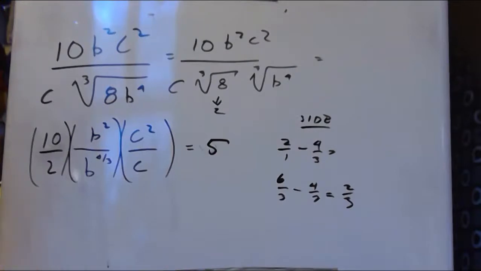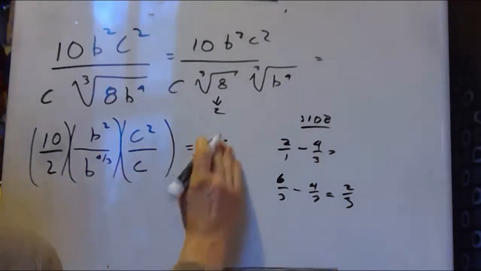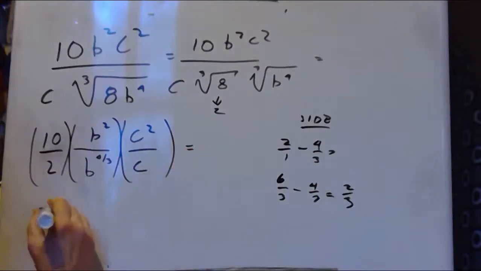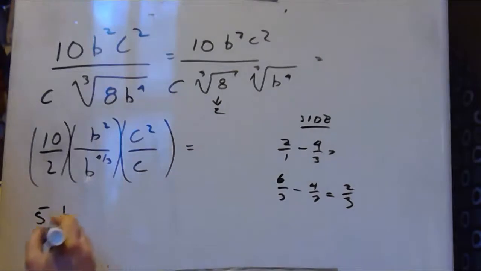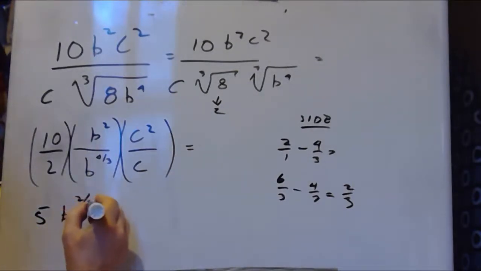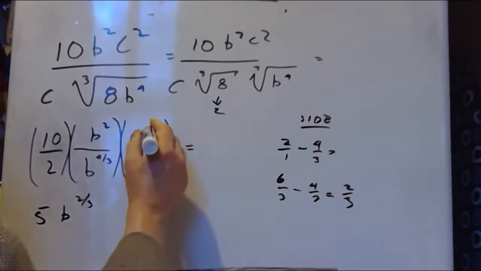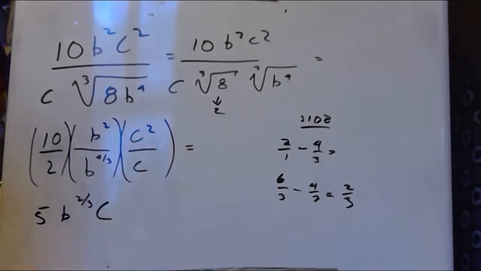So here I have 10 over 2, as we mentioned, is 5. I'll just move that over here. 5. And now I have b to the 2 over 3. And then I have c squared over c, which is just c. So this becomes my final answer.